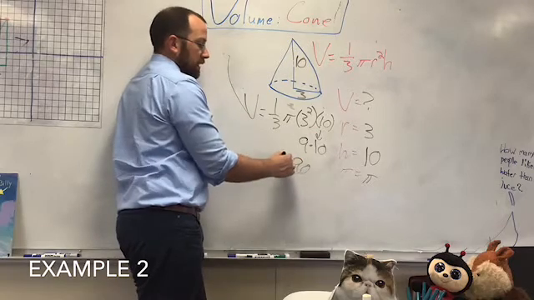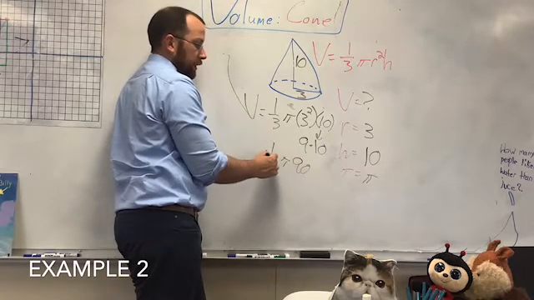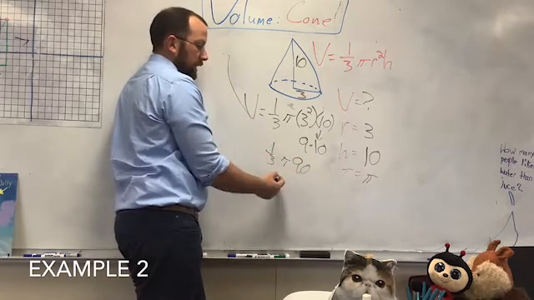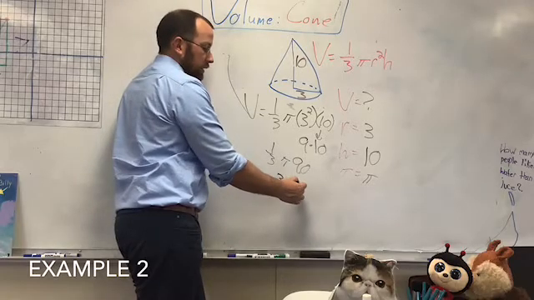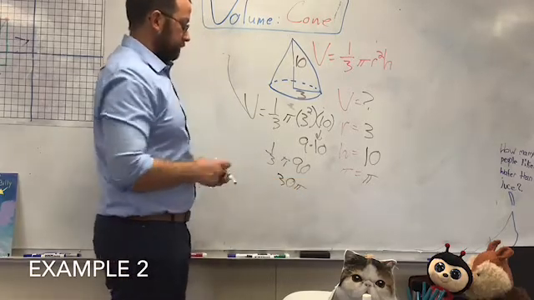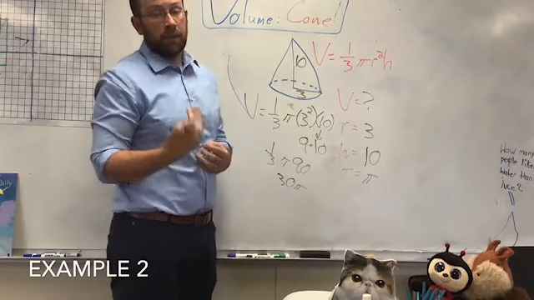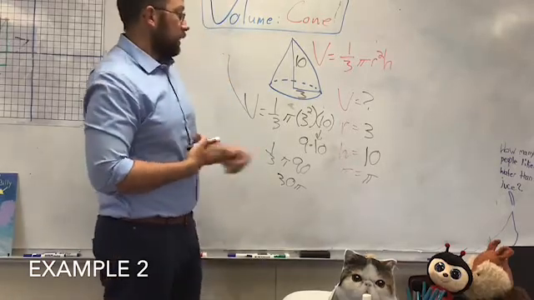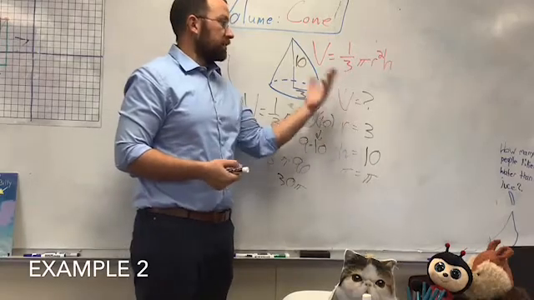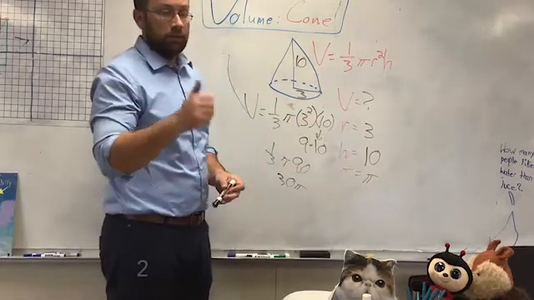So 90 pi times 1/3. 1/3 times 90 gives me 30 pi. Here's your answer. Then if you want to get the full thing, just multiply 30 by pi. But all I did was just plug in everything I need into the formula and then solve.